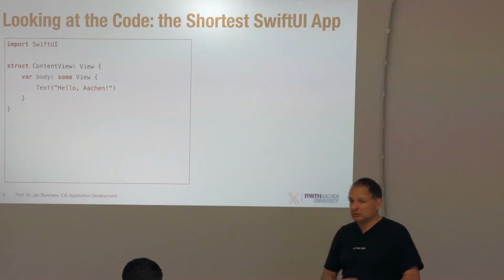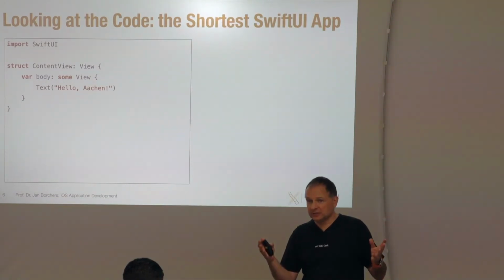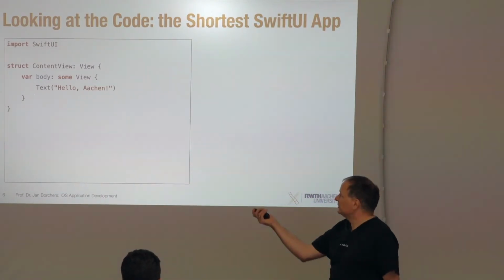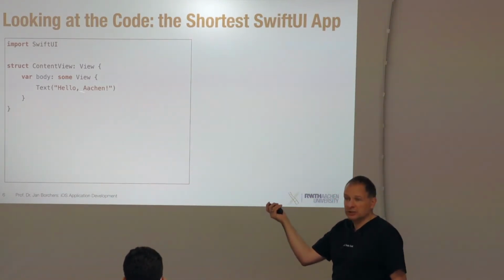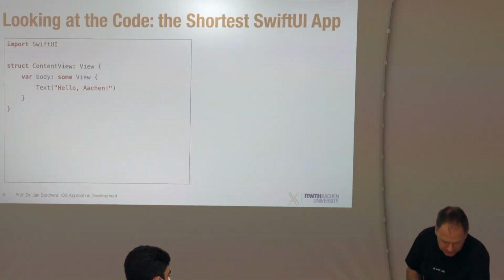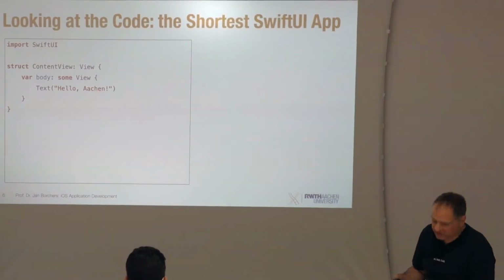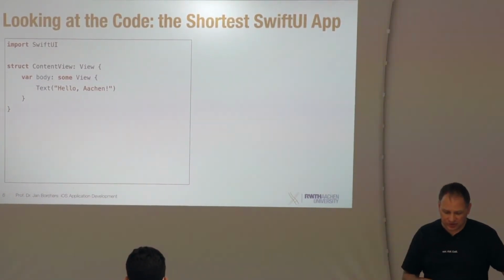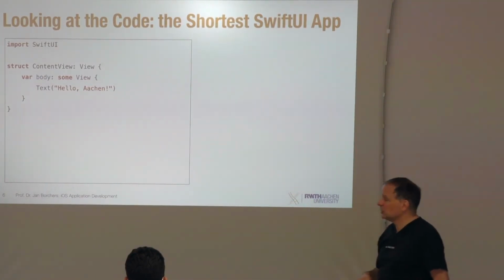It says, oh, right now we are a text view. Then it fulfills its requirements because it is returning a view, right? And so what this initializer does is simply draw a static text on screen. That's exactly what this initializer text with the parentheses does. And that's it. That's all our code.